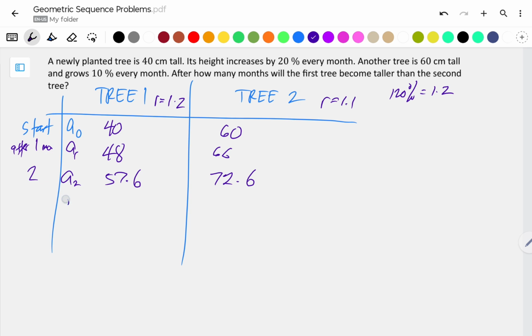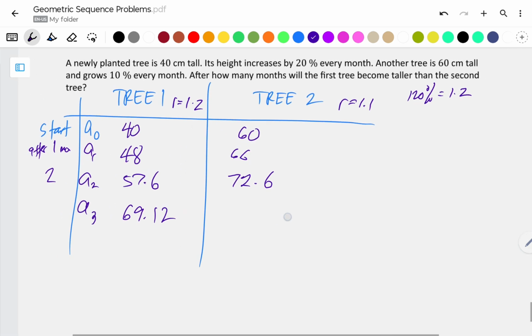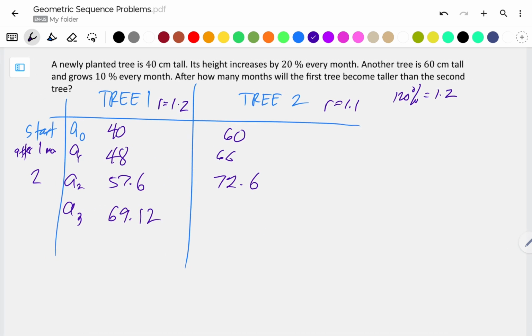72.6. And then after 3 months, 57.6 times 1.2, it will become 69.12. And then tree number 2 will grow 10% only, so 72.6 times 1.1, that will give us 79.86.